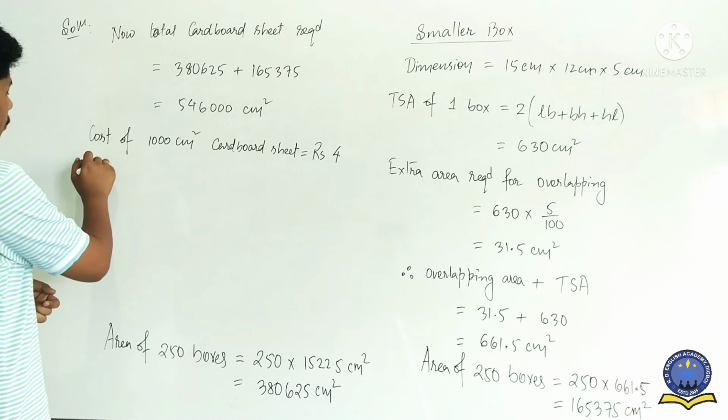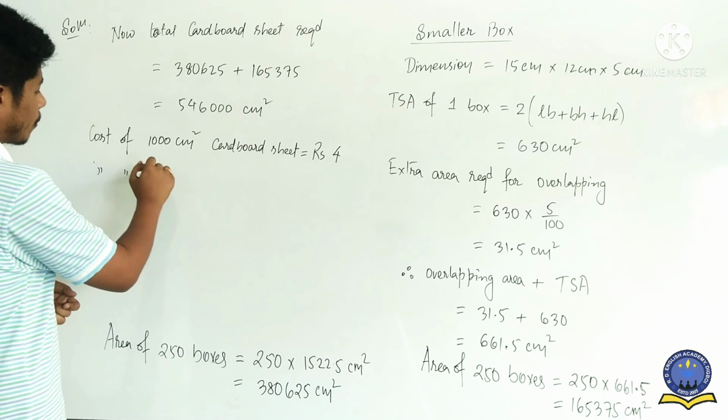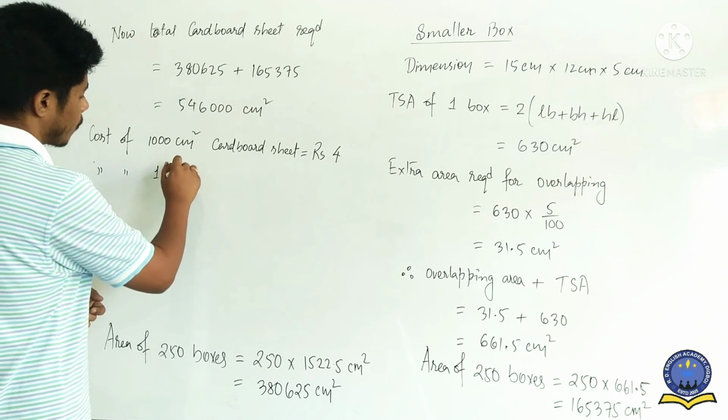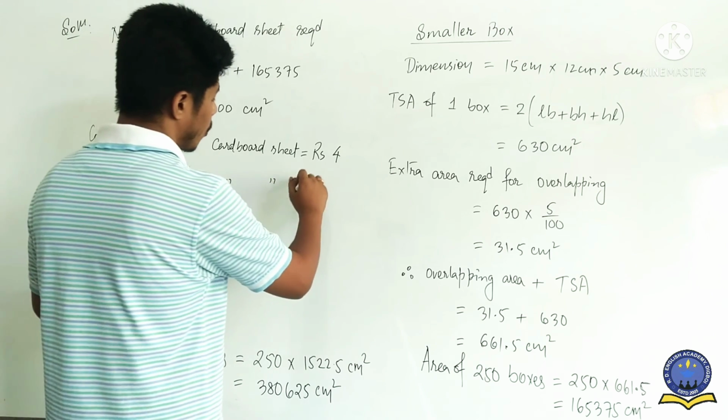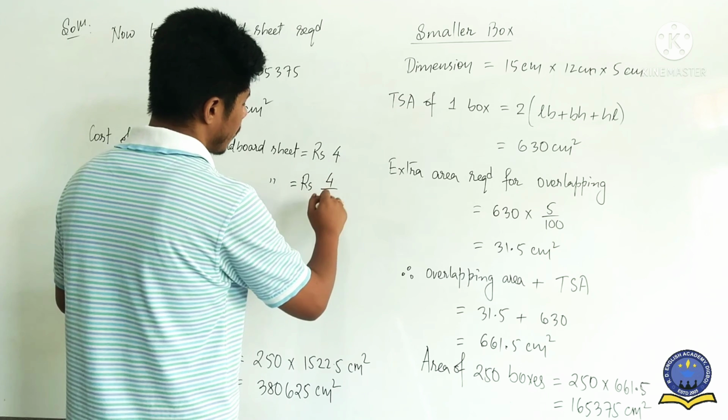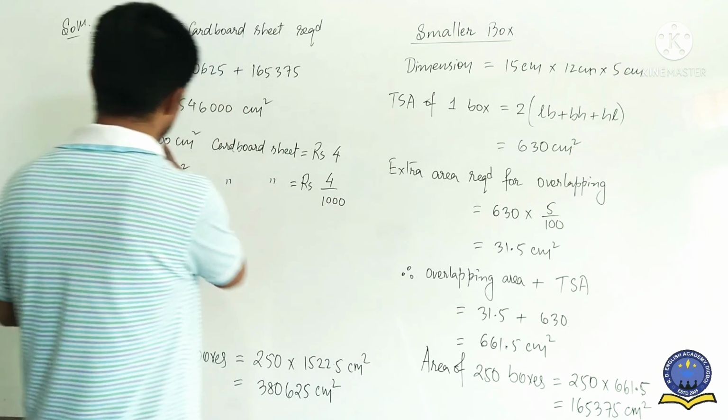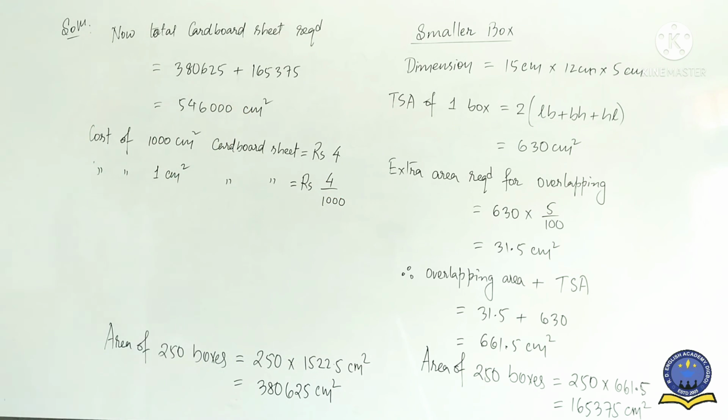So we write the cost of 1 centimeter square. If we find out the 1 centimeter square cardboard sheet, this is rupees 4 by 1000. We divide by 1000 to find the cost of 1 centimeter square.